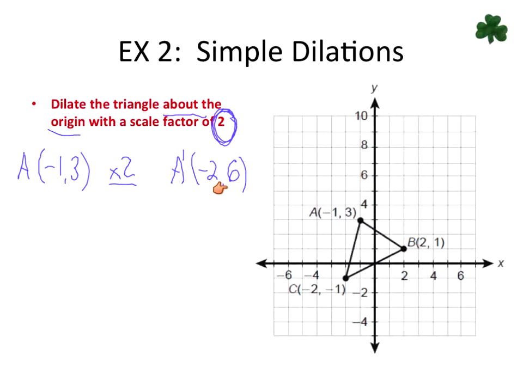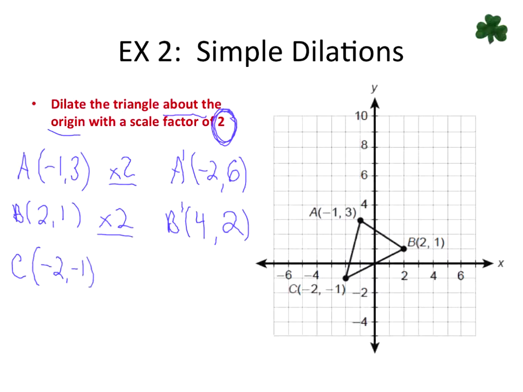Let's try B. B starts off as, if I look over at my graph, 2, 1. Please multiply B by 2, and let's see what my new B prime coordinate is going to be. I'm going to get 4, everybody says? 4, 2. Good job. And my C coordinate starts off as -2, -1. We're also multiplying that by 2.